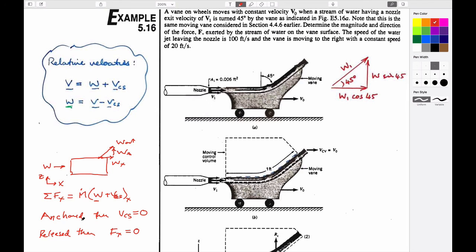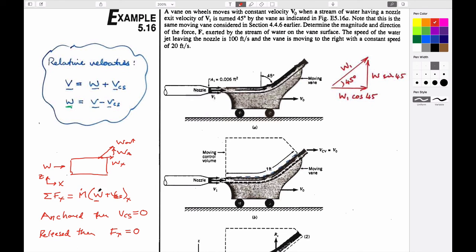And so the two end-member cases that you have are either you're holding this thing in place, in which case there'd be a finite force that you have to apply, and by definition the control surface term is equal to 0, and you can solve for the force because you know all of these parameters. You know the relative velocities because stuff's coming in and going out.